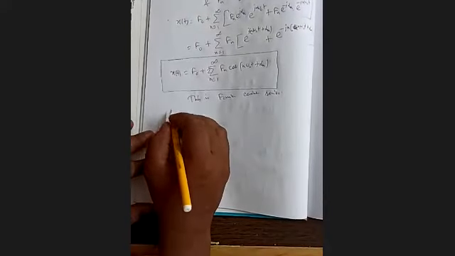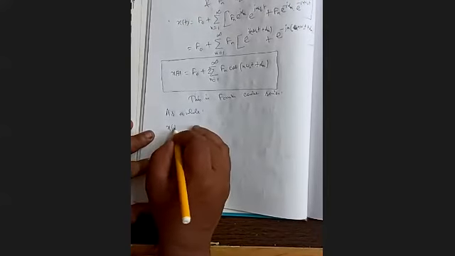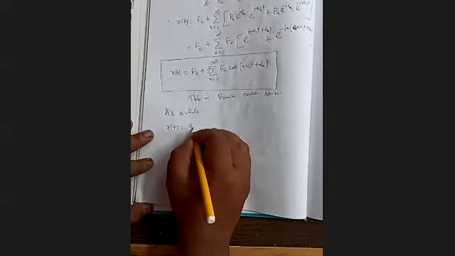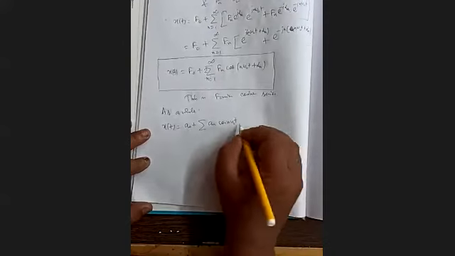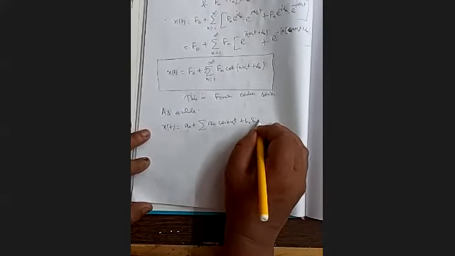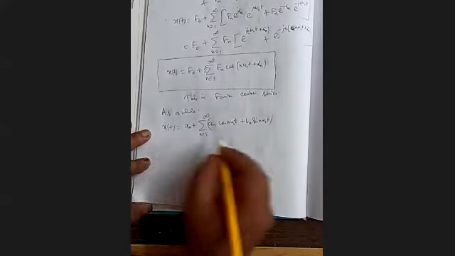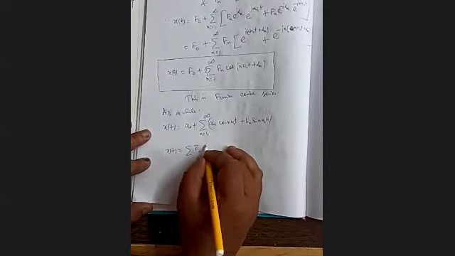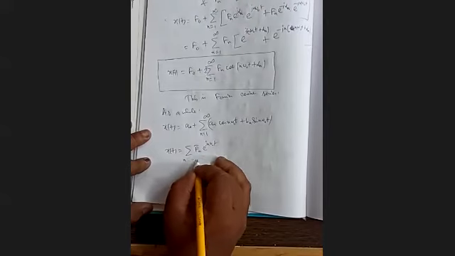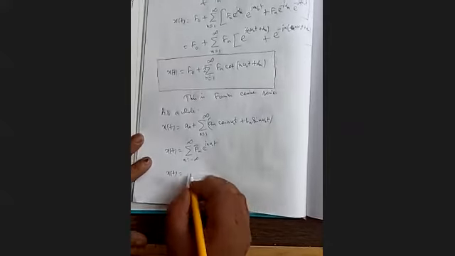Note that as a whole, there are 3 different forms of Fourier series. One is the normal trigonometric form, another is the complex form or exponential form, and the third one is the Fourier cosine series.